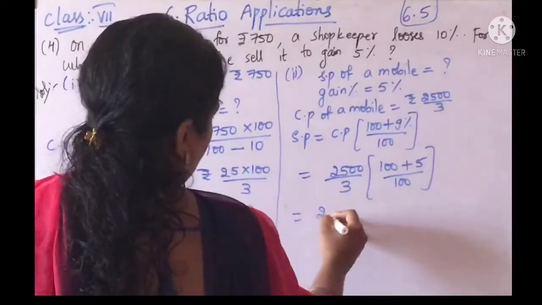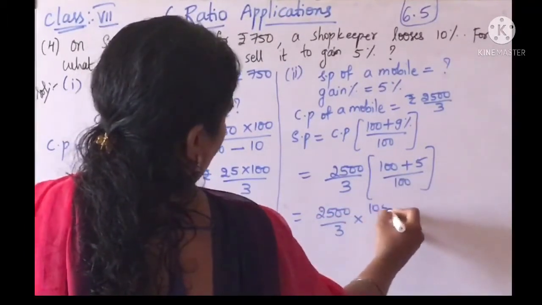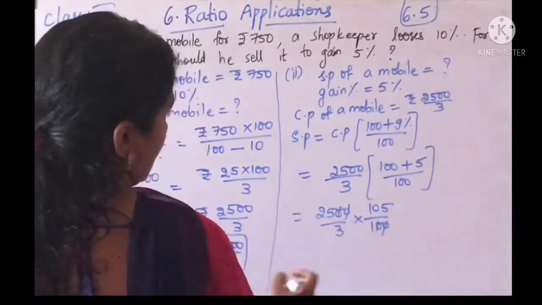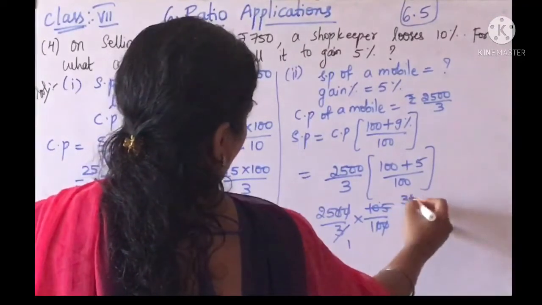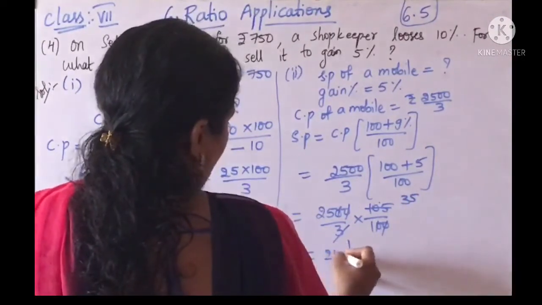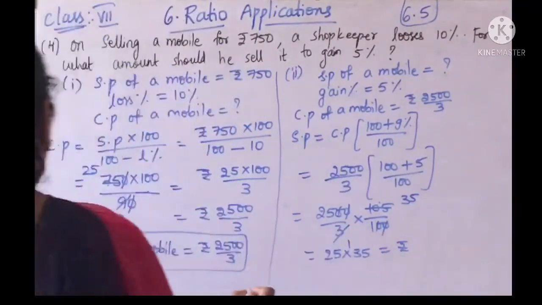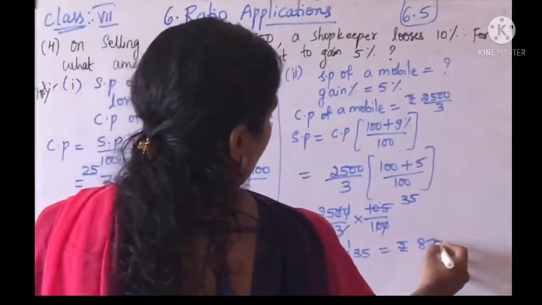Okay. Now 2500 by 3 into 100 plus 5, 105 by 100. You can cancel the zeros and 1 plus 5, 6, it will go in 3 table. 5 are. So finally you get 25 into 35, children. So when you multiply 25 into 35, you will get 875.